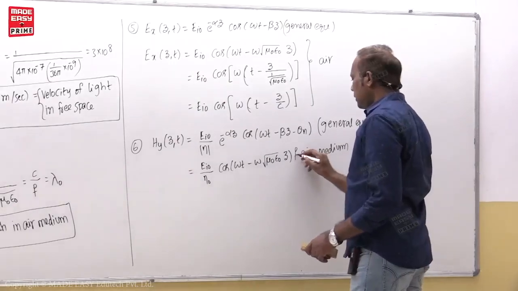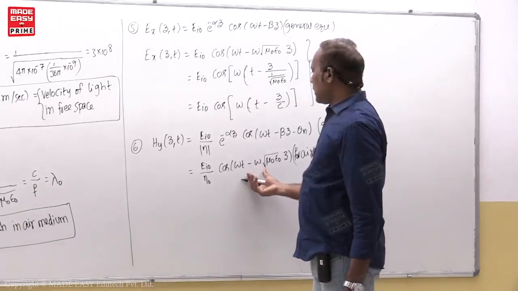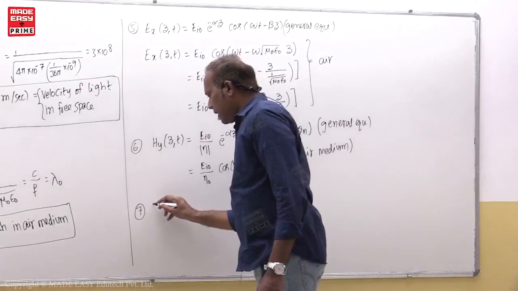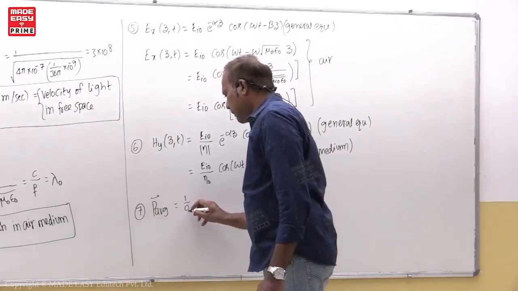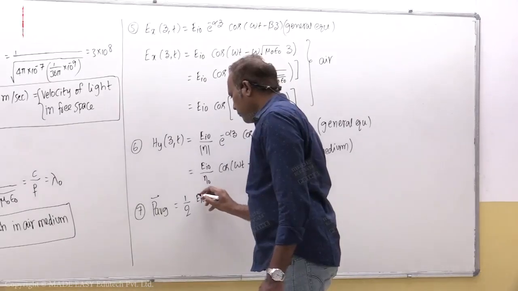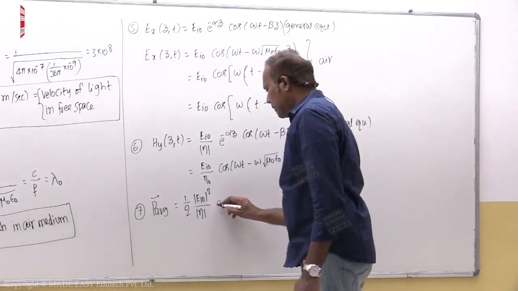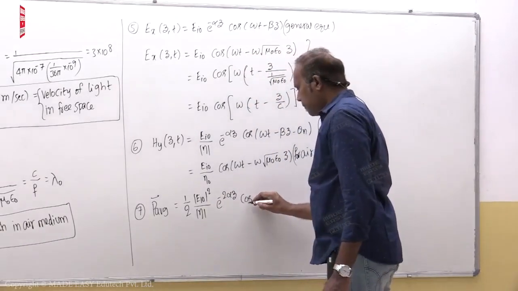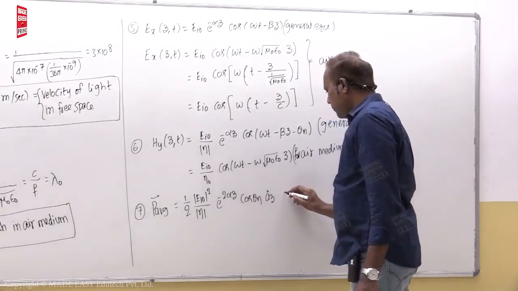This is for air medium. This can be written like this also once again. So the average Poynting vector is equal to the general equation: half Ea0 square by modulus of eta, e power minus 2 alpha z, cos theta eta, az cap.